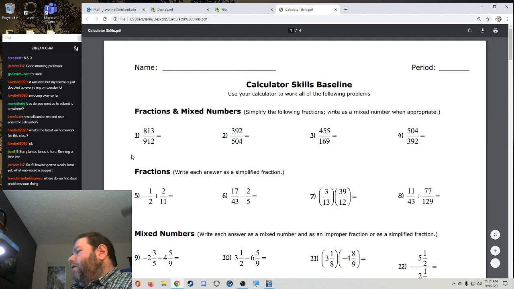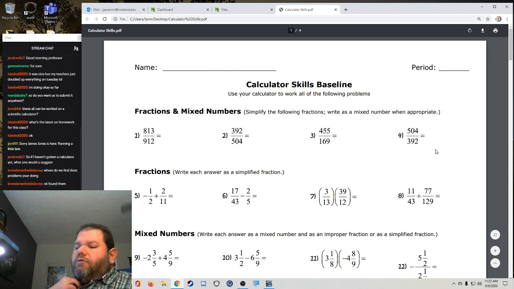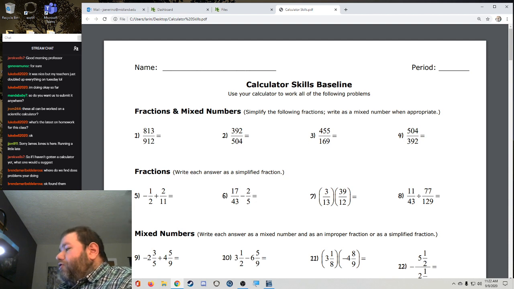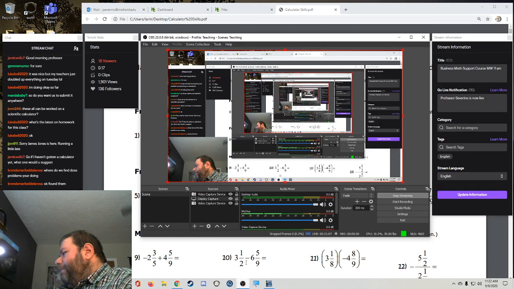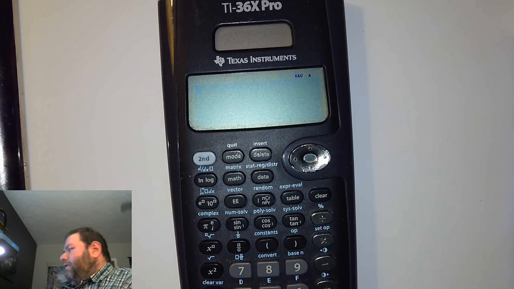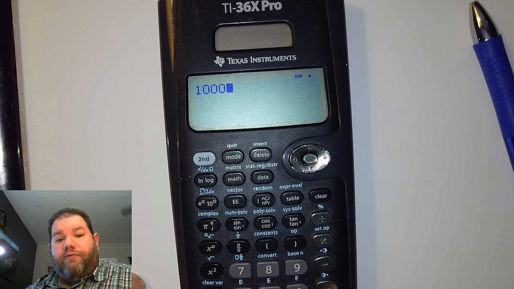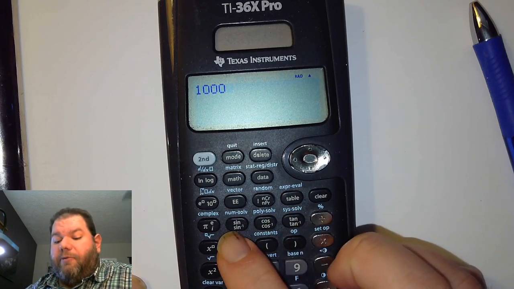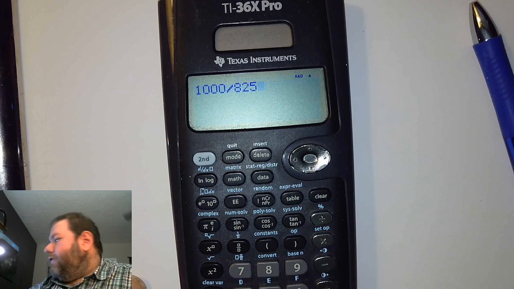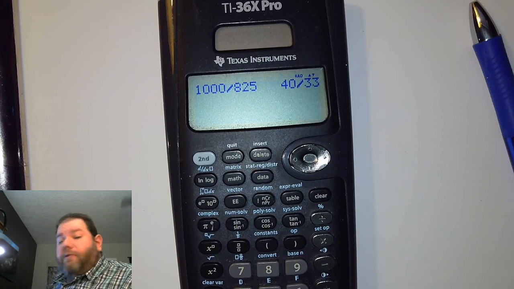Okay, so in 1, 2, 3, and 4, we're just working on the fractions. One thing I mentioned is that not only do we want to reduce these fractions, we want to be able to write them as mixed numbers.